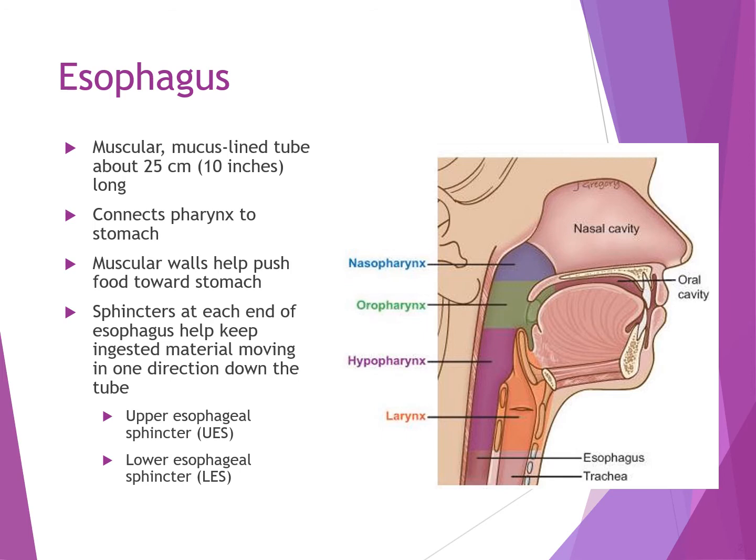There are sphincters at each end that help to keep the material in the esophagus, right? So there's the upper esophageal sphincter and the lower esophageal sphincter, often referred to as the cardiac sphincter because it's kind of near the level of the heart. And its job is to transport food material, right, into the stomach.